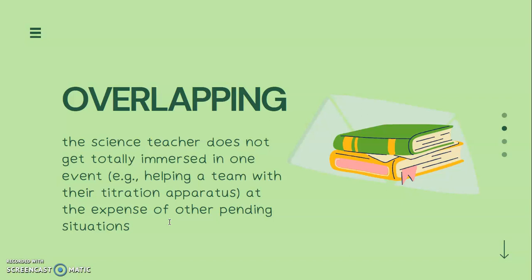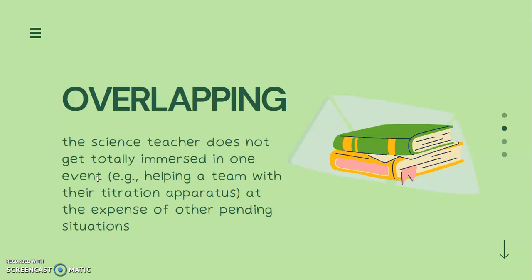Okay? So, here is another strategy that we can use in dealing with the misbehaving students. Sabi dito, the science teacher does not get totally immersed in one event. So, we should not just get totally immersed in one event. Let's say, for example, meron po tayong group activities. Okay, ilang group meron tayo sa isang classroom? Maybe we have four groups, 'di ba? Four groups.